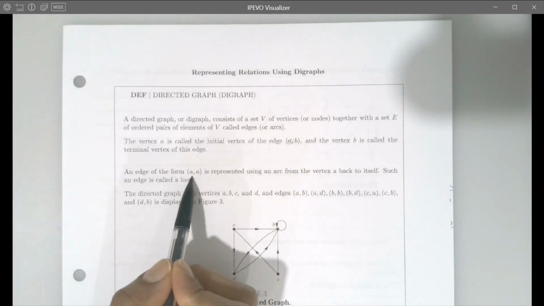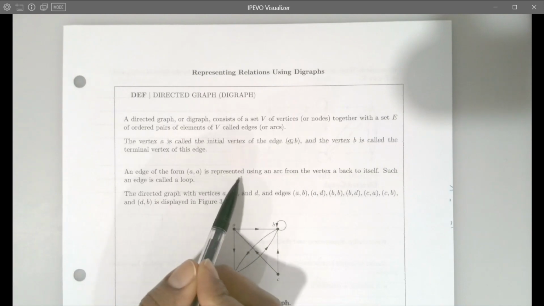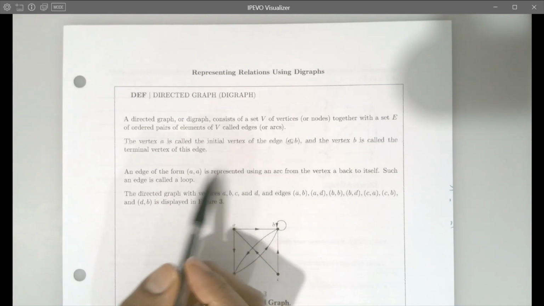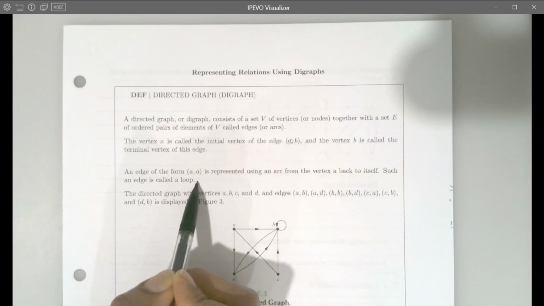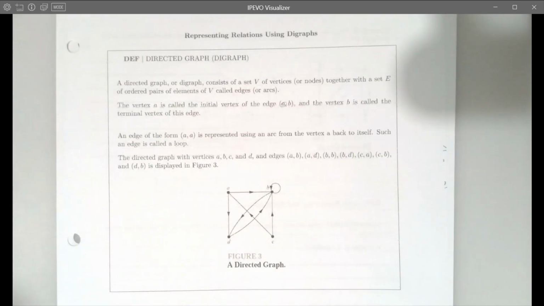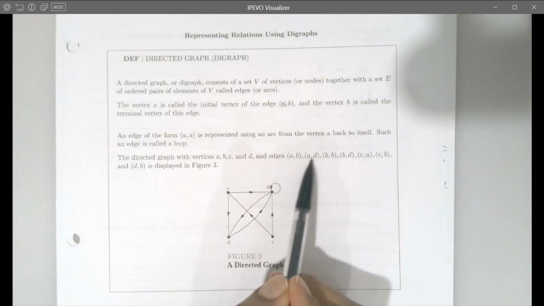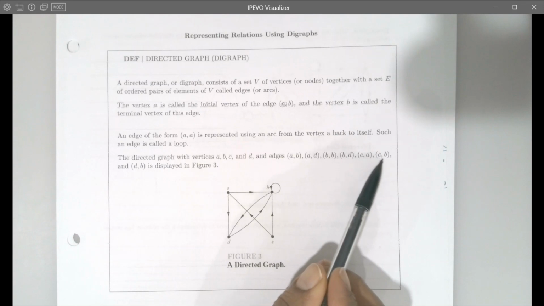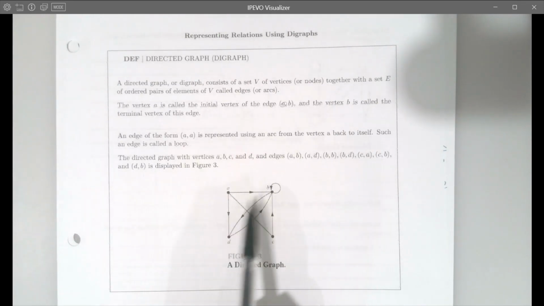An edge of the form A, A is represented using an arc from the vertex back to itself, and that is also called a loop. The directed graph of vertices A, B, C, and D and edges AB, AD, BB, BD, CA, CB, and DB is in this figure.